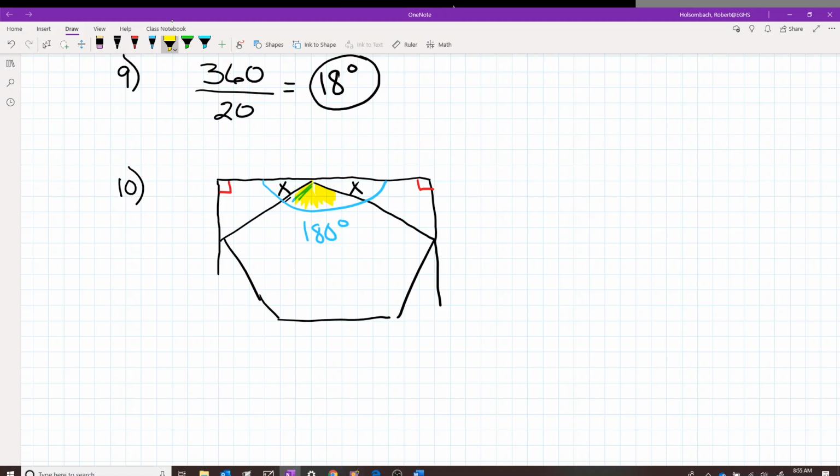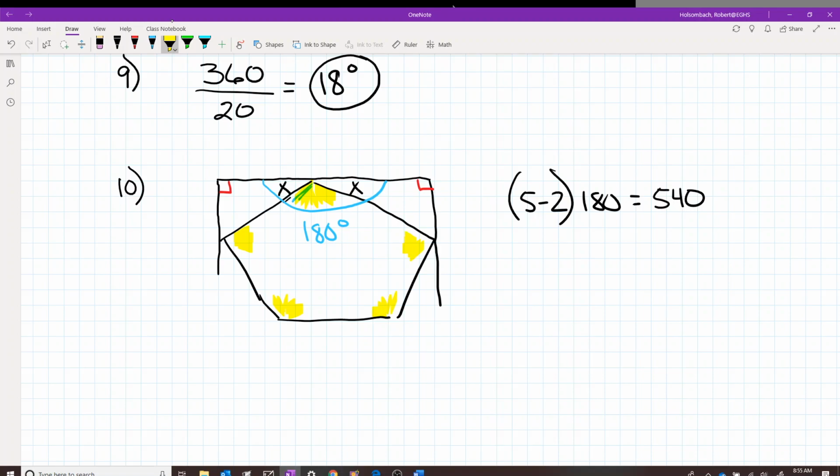Well, this yellow angle is one angle in a regular pentagon. So if you take 5 minus 2 and multiply it by 180, you're going to get 3 times 180, which is 540 degrees. That would be the sum of the 5 angles in this regular pentagon.